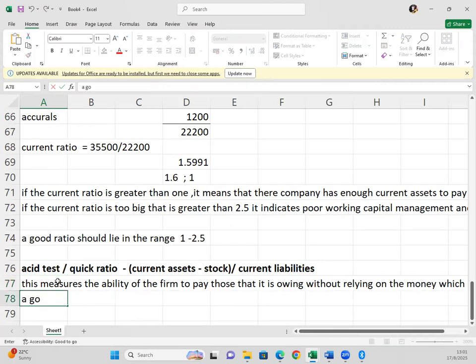A good ratio depends on the nature of the company's transactions.